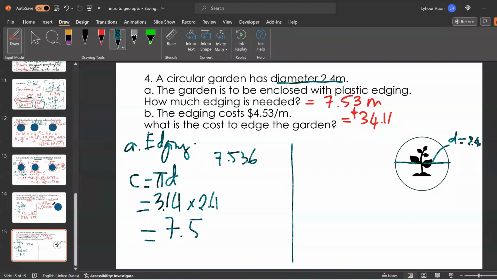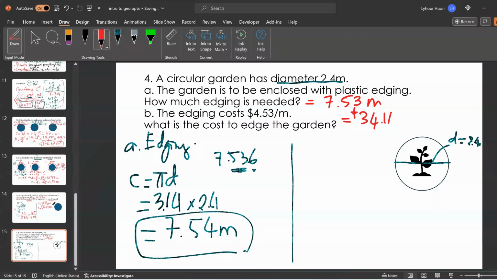If you take only two digits, it's 7.54, because this number is 6, so we round it up. Okay, I always forget that part. But somehow the answer is correct.